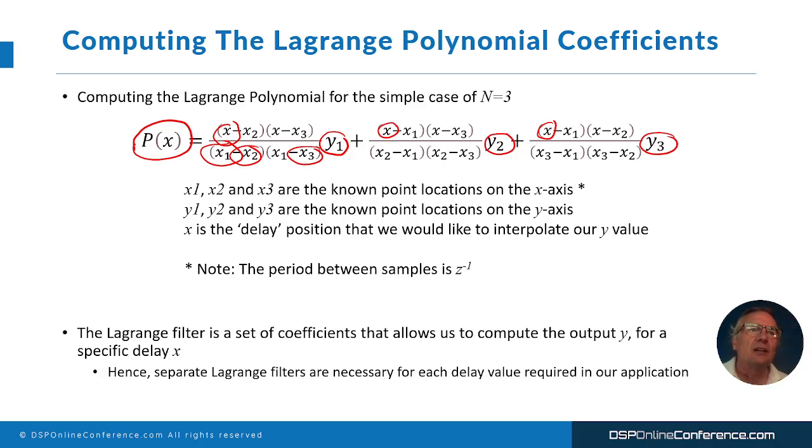So essentially the Lagrange filter is a set of coefficients that allows us to compute the output y for a specific delay of x. So if we desire to support multiple delays, using this algorithm in its basic form, we would require separate filters for each delay.